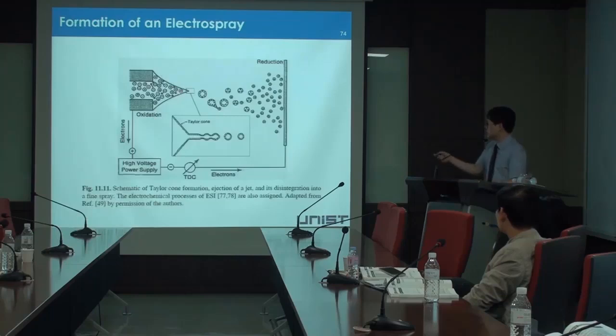Like this, the water sample becomes smaller by evaporation, and finally it becomes positive ions. So this is the principle of ESI. This method is widely used for bio studies: biomolecules, proteins, and sometimes DNA.